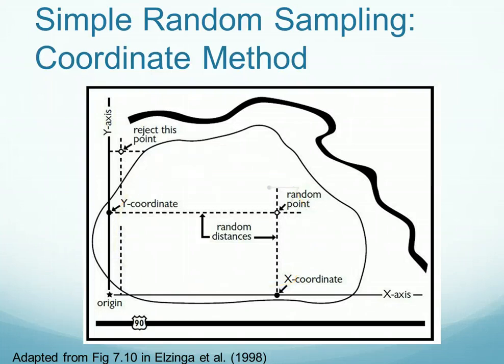One possible solution that may be used is if an XY coordinate puts a transect so that it would go outside of the area of interest, you would then bend it back at an angle so that you would sample in this area out here.